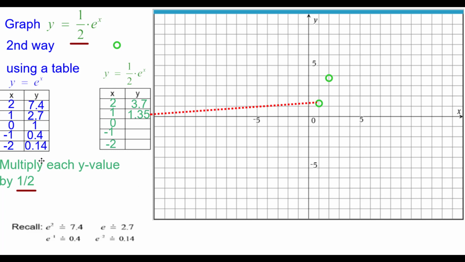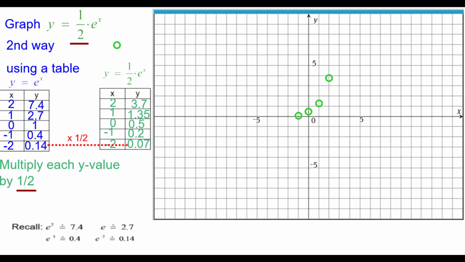We're going to ask you to go ahead and finish these 3 points, plot them, press pause to do so, and resume when you're ready. Half of 1 is a half, so 0, a half is the y-intercept. 0.4, half of that is 0.2, negative 1, 0.2.